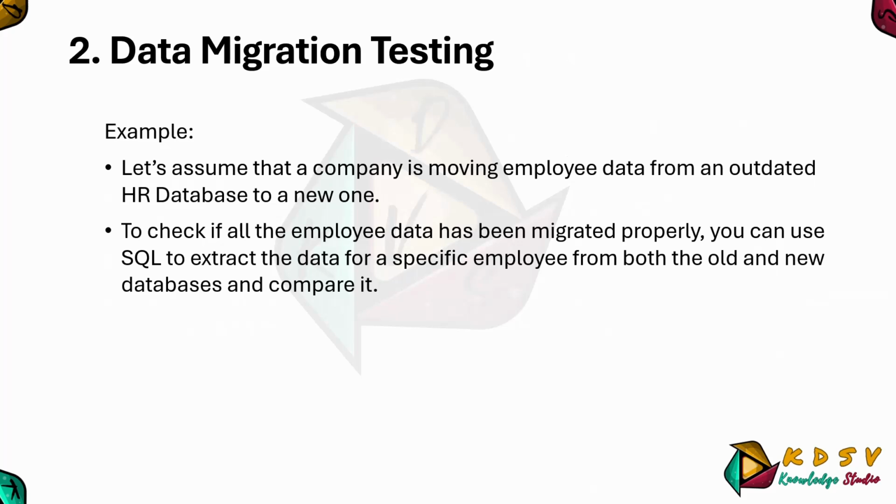You can do this on random samples using SQL joins and scripts, and compare entire tables for mismatches. This process helps you ensure data completeness, accuracy, and trust in the system. Also, data migration is more than just copying. It is about preserving the integrity of every record, and SQL makes sure that happens with precision.